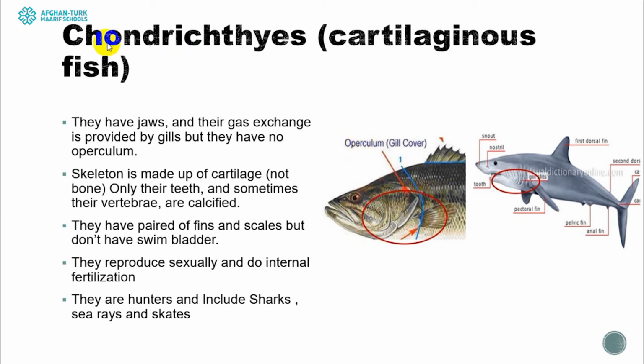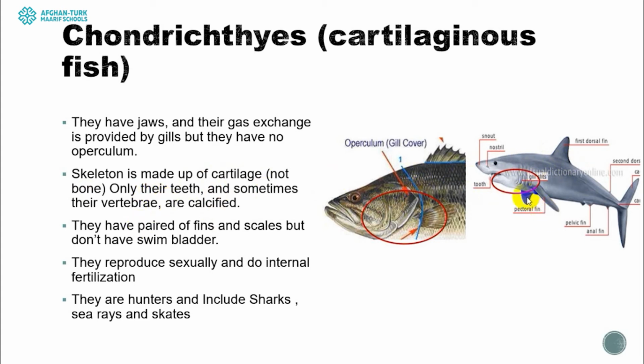But in these Chondrichthyes, their gills are not covered with skin, so they are uncovered gills. So that's why we can say they have no operculum. Their skeleton is made up of cartilage, not bone obviously, but some parts of their body, like their teeth or their vertebrae, their backbones, are made up of bones.